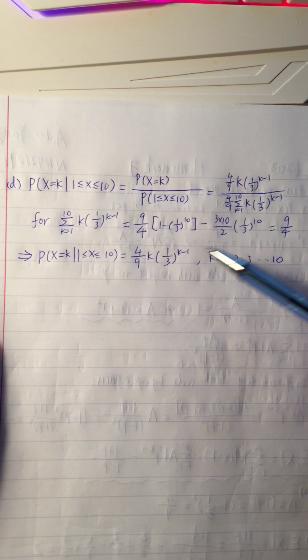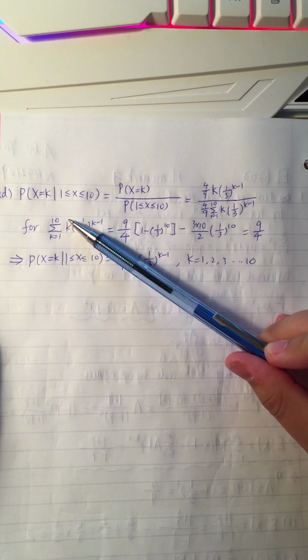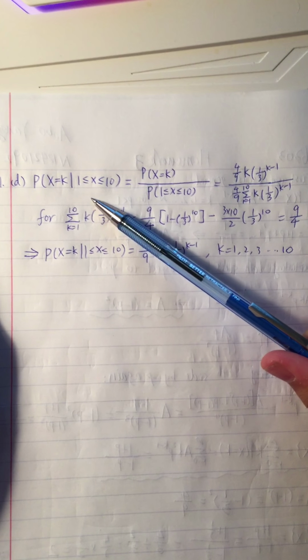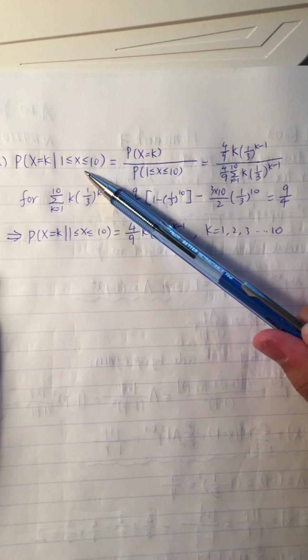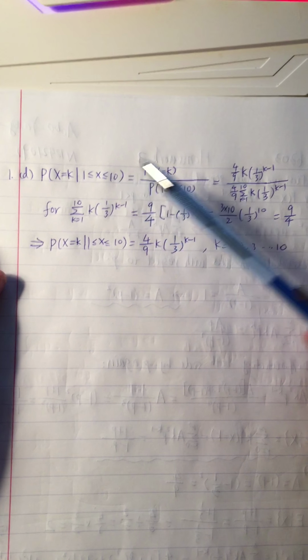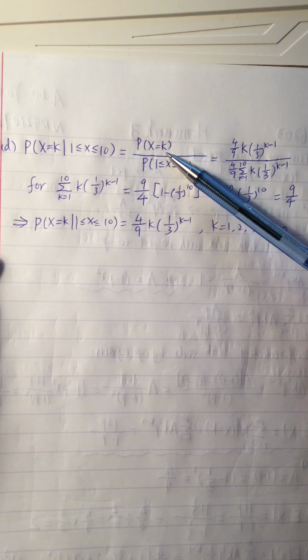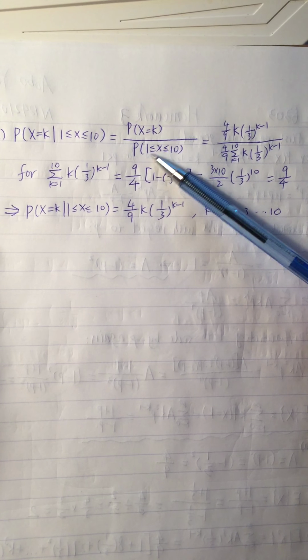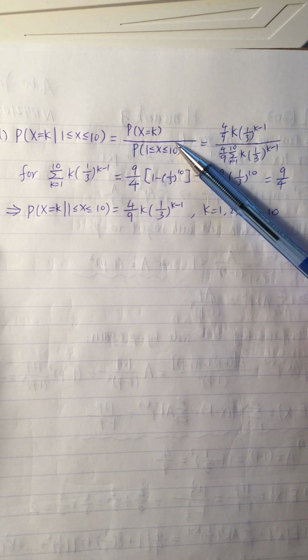And for the last one, D. The conditional probability P(X = k | 1 < X < 10) is P(X = k and 1 < X < 10) divided by P(1 < X < 10).